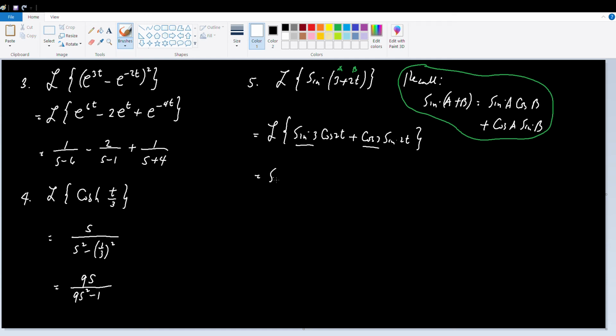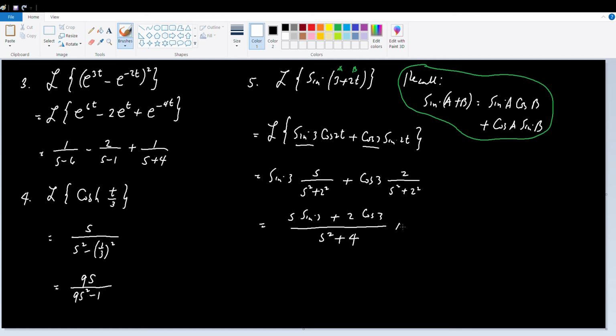So sine 3 times the Laplace transform of cosine 2t, which is s over s squared plus 2 squared, plus cosine 3 times the Laplace transform of sine 2t, which is 2 over s squared plus 2 squared. So that will be equal to s sine 3 plus 2 cosine 3 over s squared plus 4. Okay?